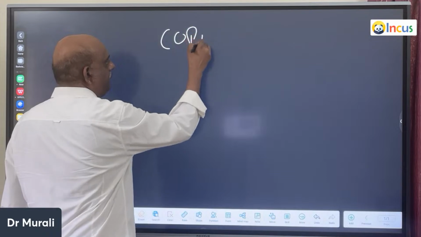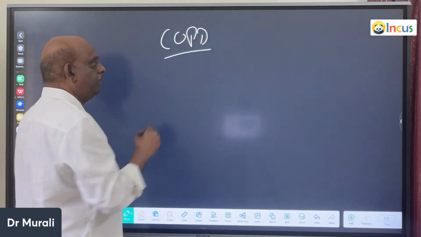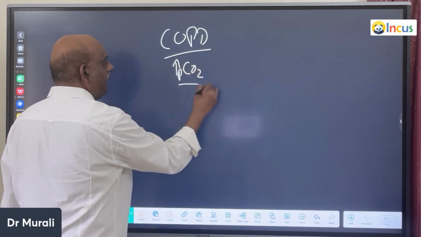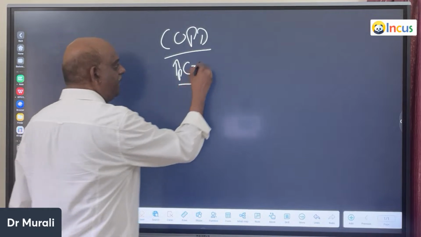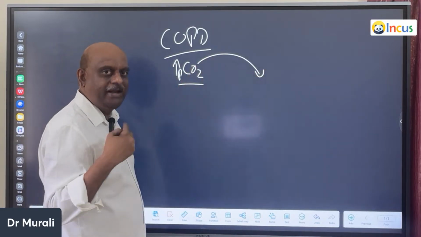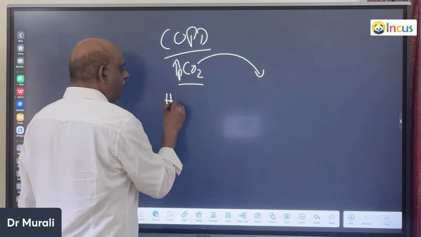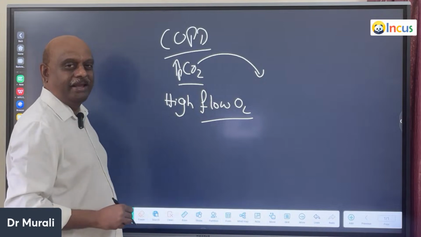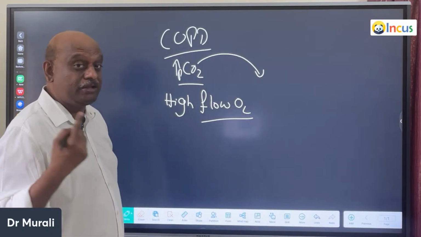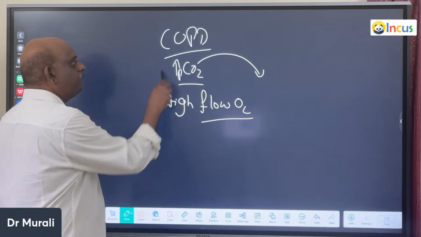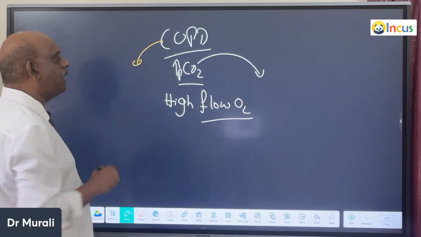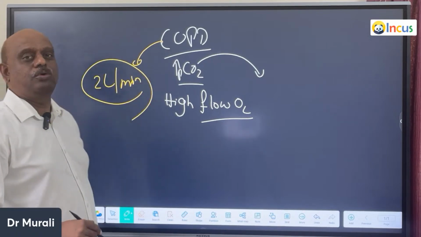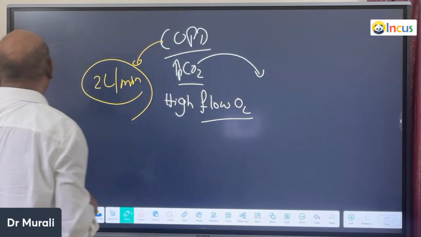In a patient who has COPD, if they are having a little higher side of PCO2, it is okay, because this is driving the patient to have ventilation. If you give high flow oxygen insufflation to this patient, he will go into ventilatory failure because there is no more drive to ventilate. That's the reason, what is the rule in COPD patients? Keep the oxygen flow not more than 2 liters per minute. That is, low flow oxygen inhalation is the one which is advised.